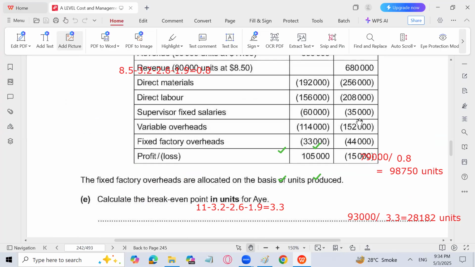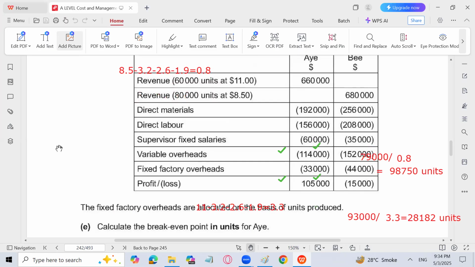So 6,000 will be there, but this 35,000 of supervisor fixed salaries of B will not be there anymore, because we are going to remove the supervisor of B, which cost us 35,000, which was fixed cost actually. But the redundancy cost of 6,000 we have to pay, which will increase the fixed cost actually.